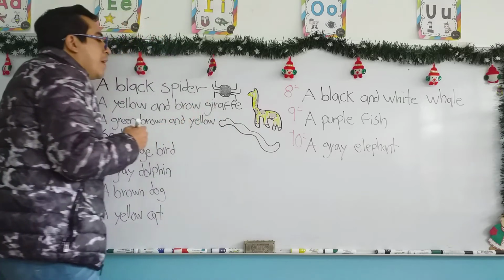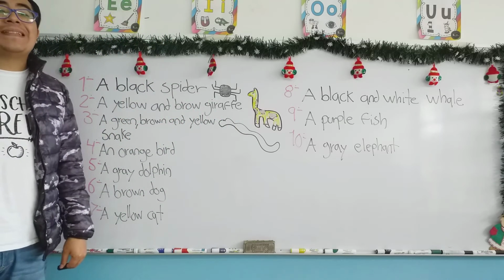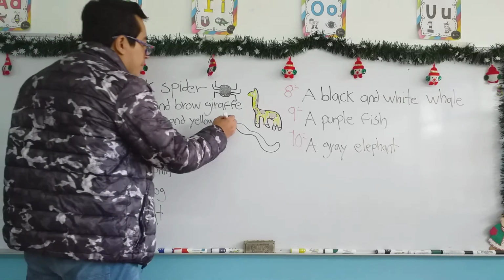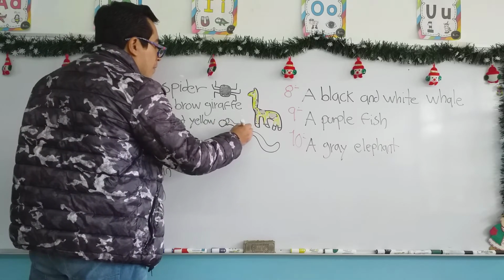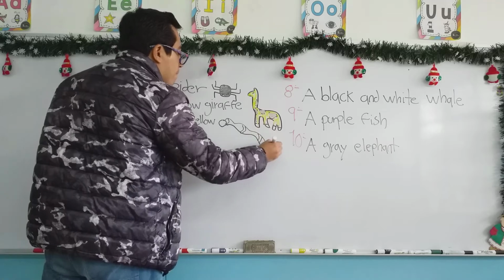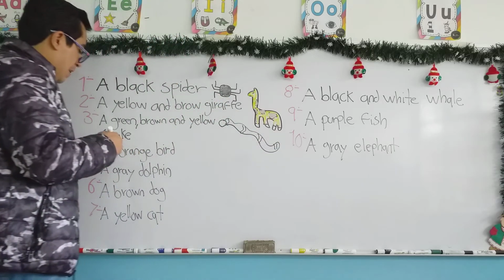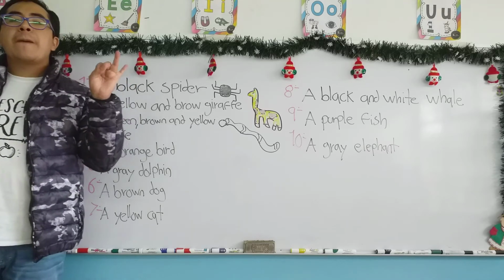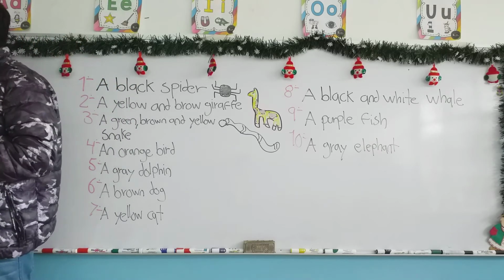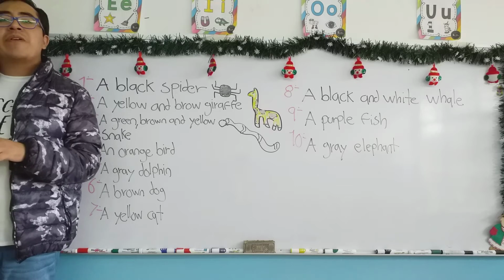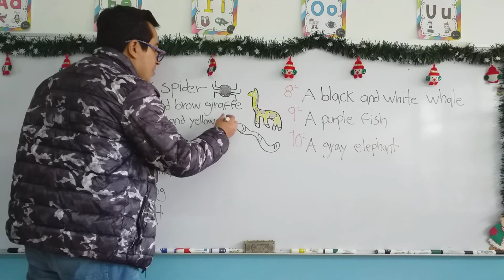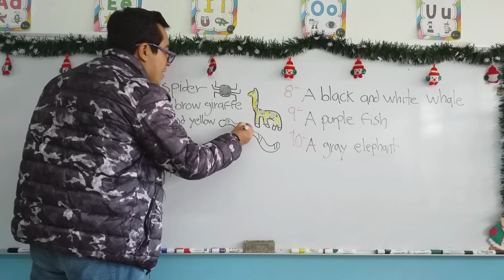That's it. And remember, snakes have different lines. Very good. Now, colors for the snake, once again, green, brown, and yellow. So, with color green, we can paint some of those lines. Stripes, rayas.